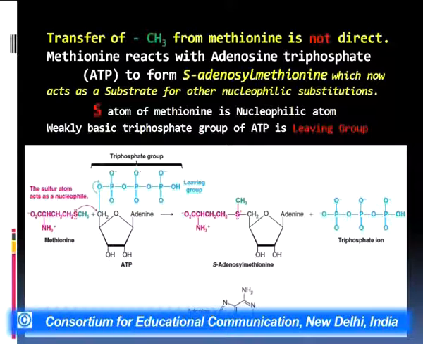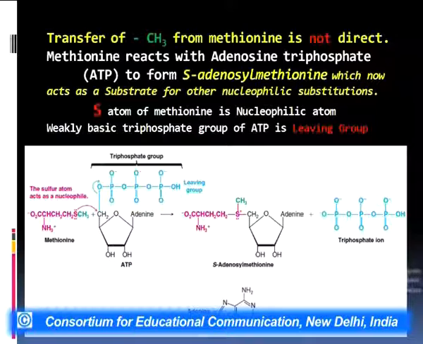So what we find here is that a nucleophilic substitution reaction is taking place and sulfur is attacking a CH2 group here, replacing the triphosphate group, resulting in S-adenosyl methionine.